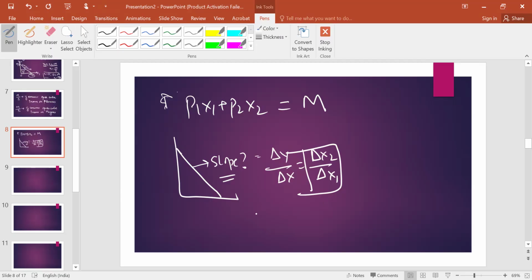Let's say I write the equation as x2 equals (M minus P1 x1) divided by P2.